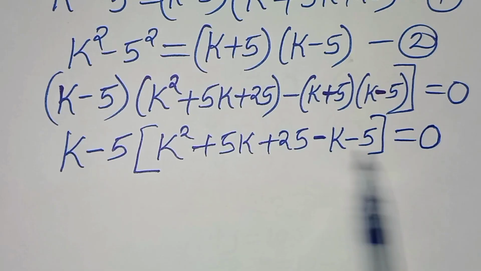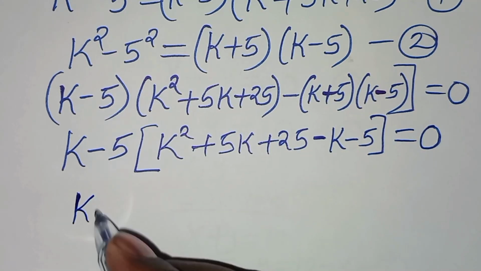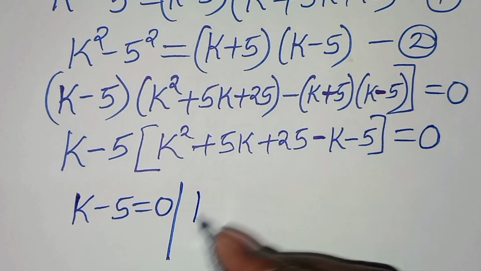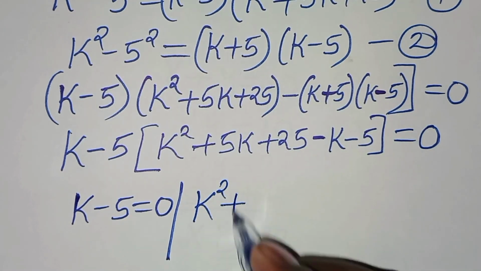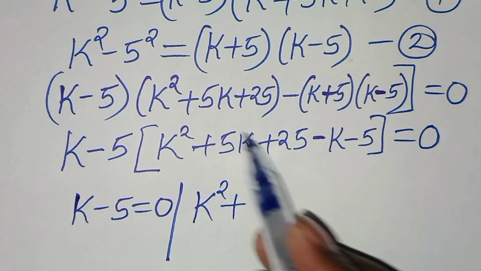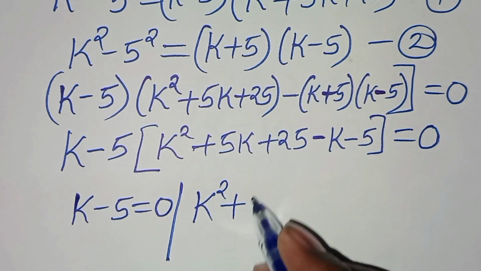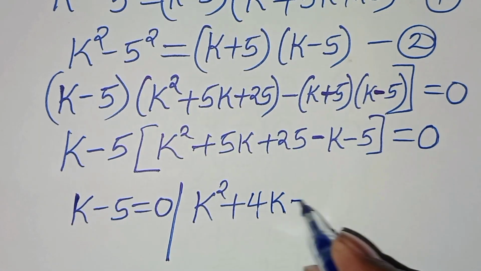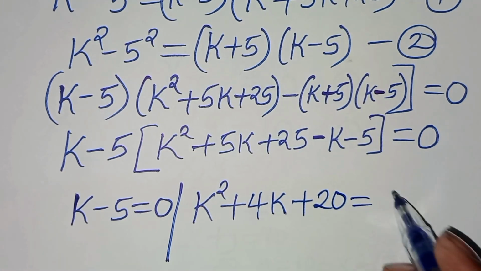Now here we have two parts. The first part is k minus 5, this is equal to 0. The second part is k to power 2 plus, now we have 5k minus k, this is plus 4k, and then 25 minus 5, this is plus 20, this is equal to 0.